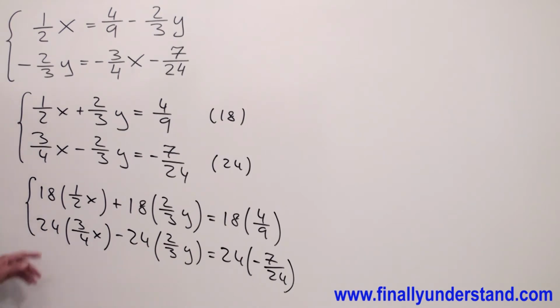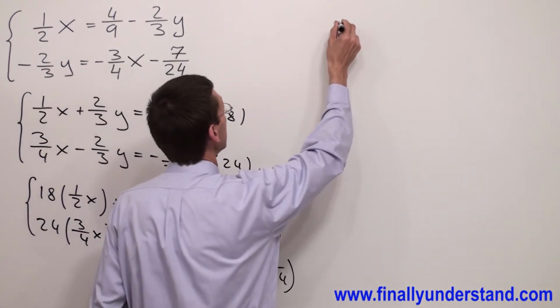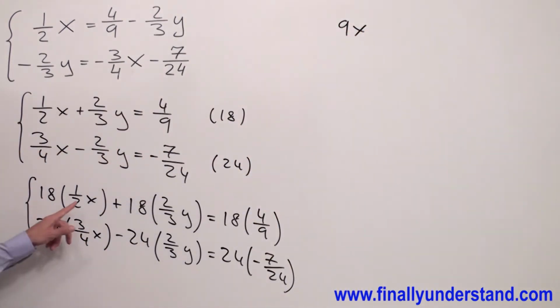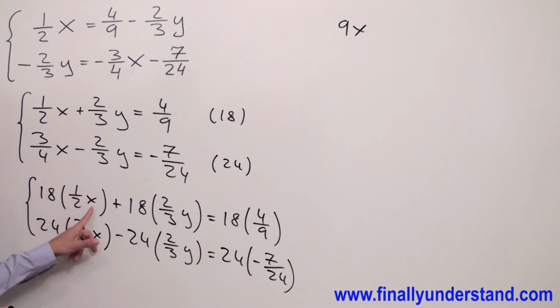Now, 18 and 2, we can reduce by 2. 18 divided by 2 is equal to 9. 9 times 1 gives me 9. I have to write 9x because this is x, so 9 has to be multiplied by x.